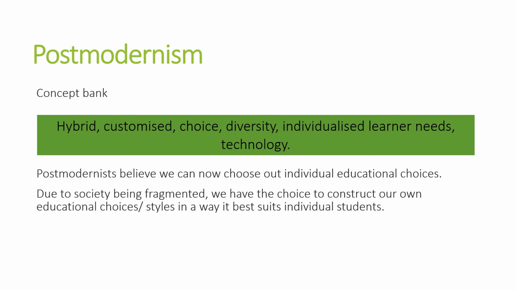So they say that we have choice, diversity, flexibility. We've become fragmented, so we can pick and choose an education system to suit our needs. And what they would highlight is the diversity of education systems and teaching styles, but also the impact of technology, particularly, ironically, as we're talking about this video, the way that teaching has changed because technology has changed.